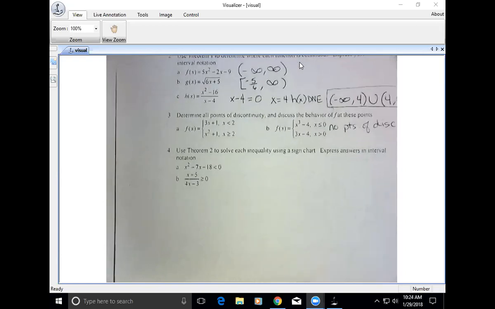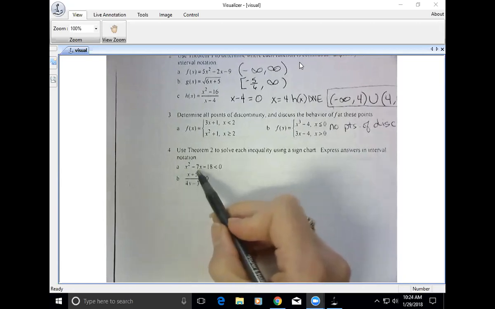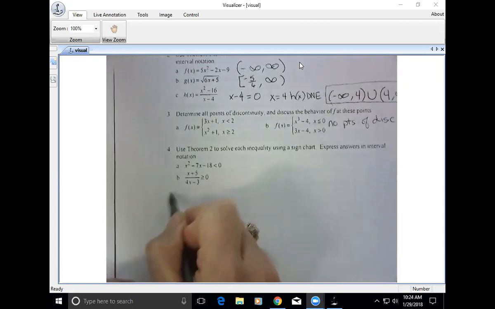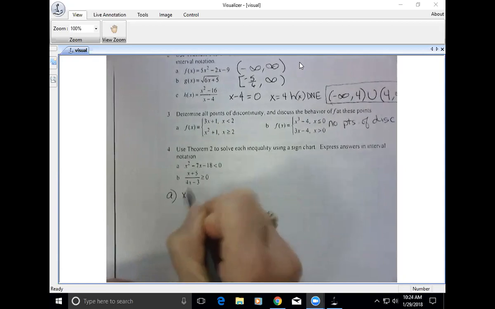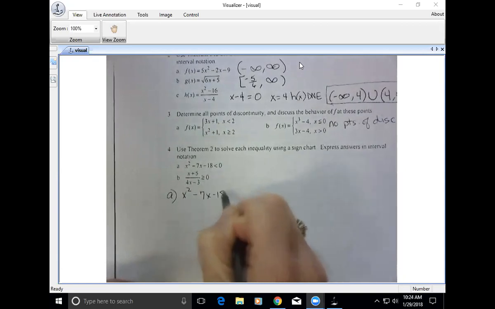Now, let me show you how the sign chart thing works. Because I'm looking at this and it says x squared minus 7x minus 18 is less than 0, okay? And I am supposed to solve this inequality.